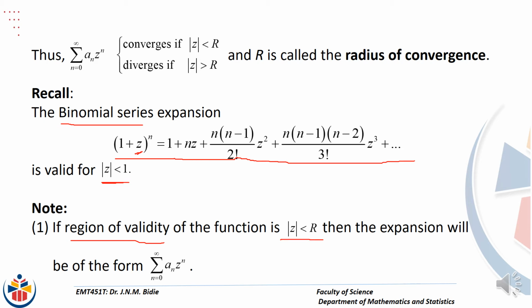Then our expansion using the binomial series will take the form of the summation of an z to the power n from 0 to infinity. If the function is valid within the circle of radius r, then the expansion will have positive powers of z.